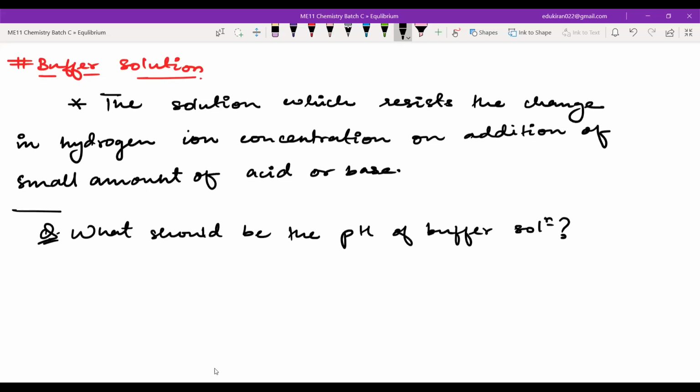Don't write this question, okay? Just write till here and tell me, what do you think? What should be the pH of buffer solution?